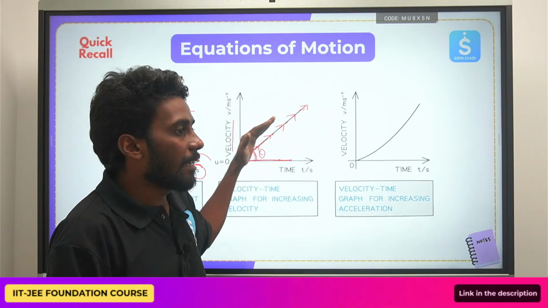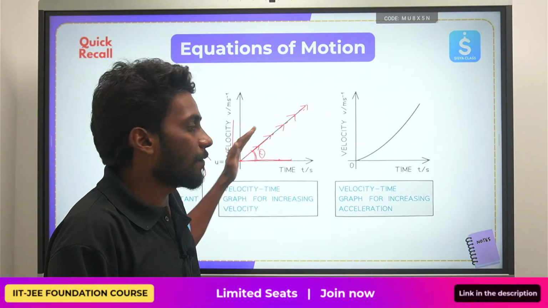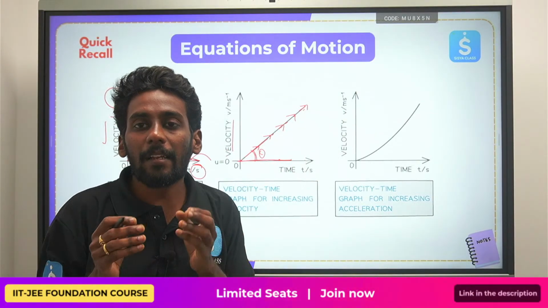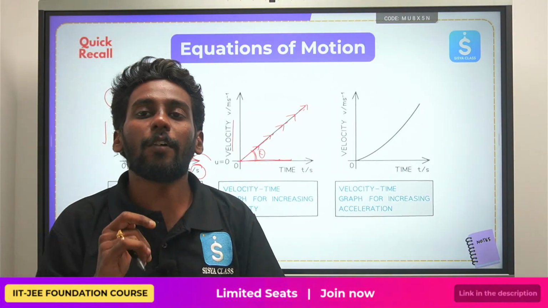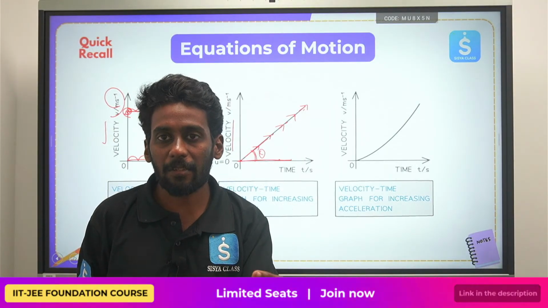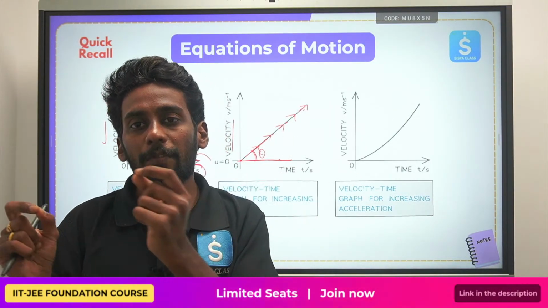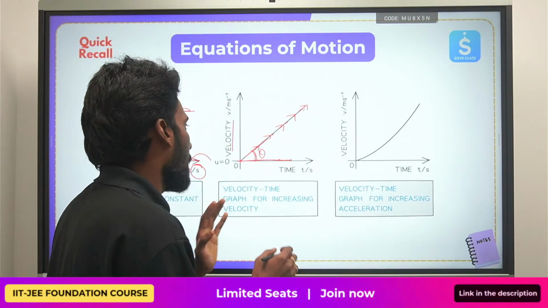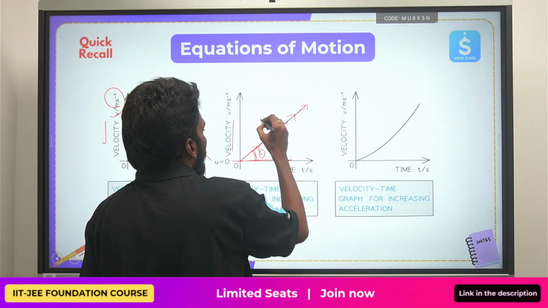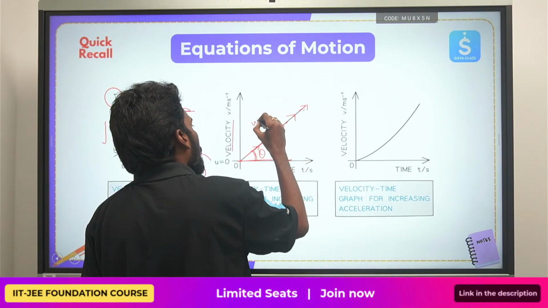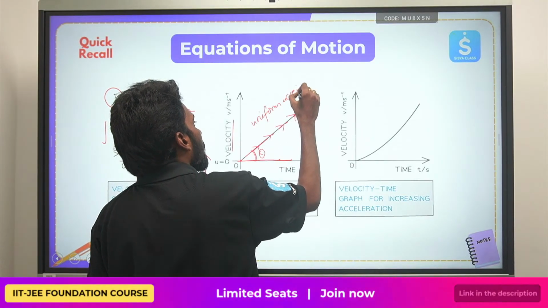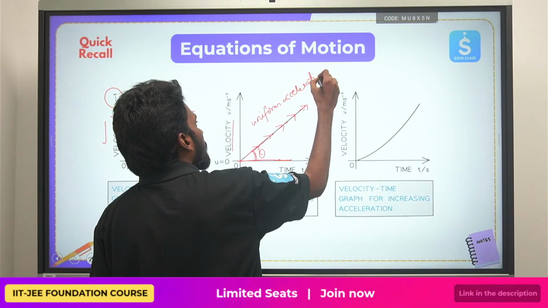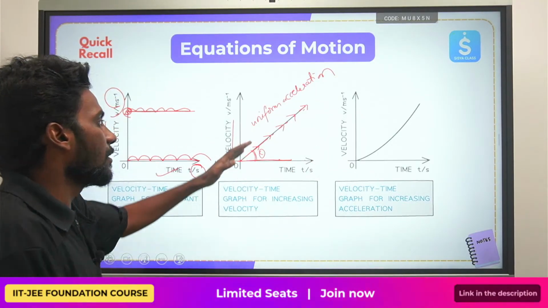Uniform increase is there. Uniform rate of change of velocity is there. Rate of change of velocity means acceleration, right? So uniform rate of change of velocity means uniform acceleration. In this case, the body is having uniform acceleration, right?